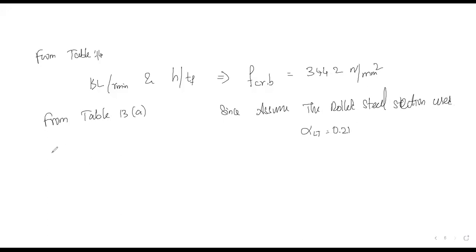Then with respect to fy equal to 250 Newton per mm squared and fcr equal to 344.2 Newton per mm squared, our fbd value is 172.7 Newton per mm squared from table number 13A.